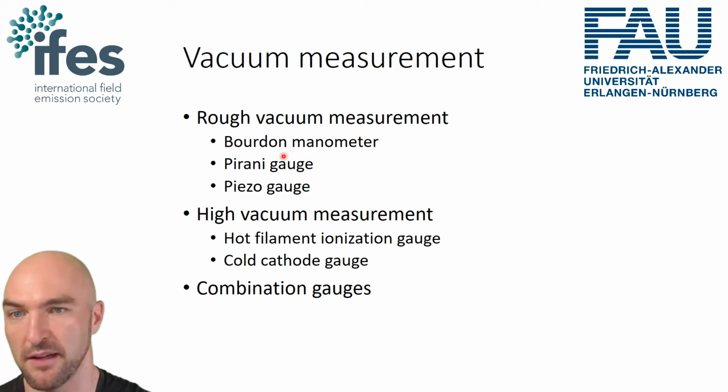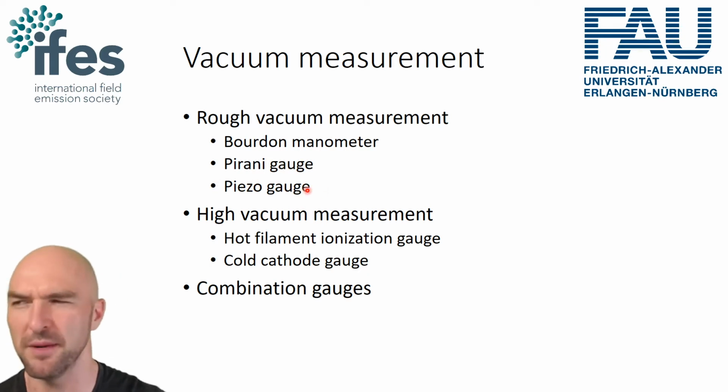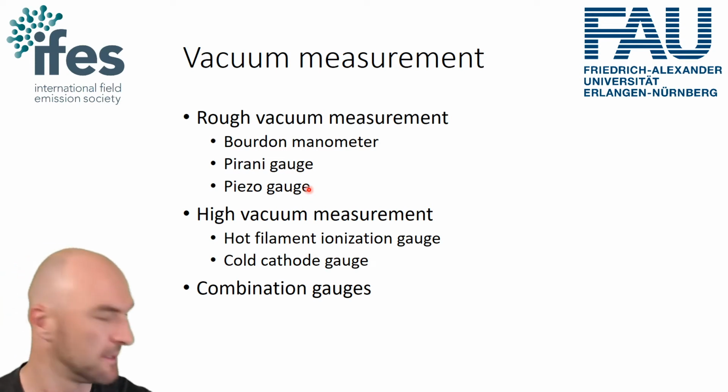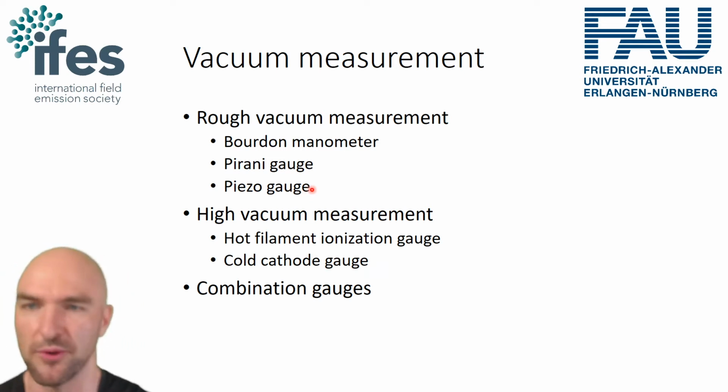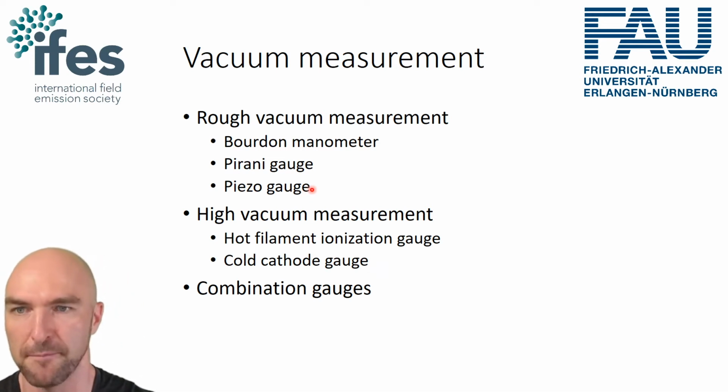It can be via some thermal conductivity, some convection cooling, which is the Pirani gauges, or also via piezo gauges, which is again just the pressure. Which I think I will leave out in this lecture just simply because they haven't been used in atom probe, but we might see them at some point in the future. Just simply because they're really handy.